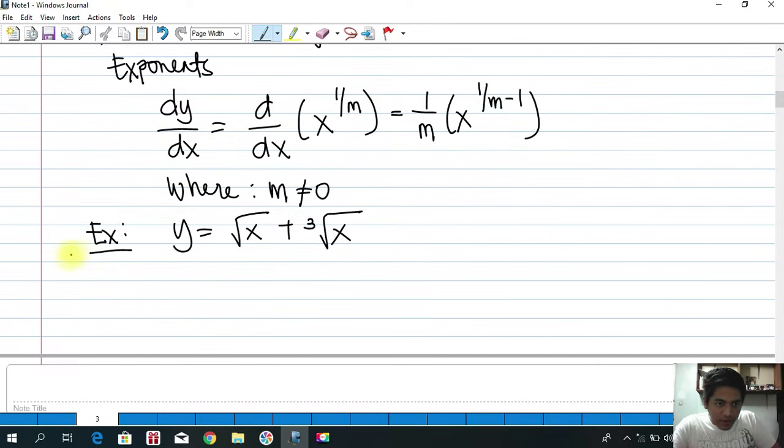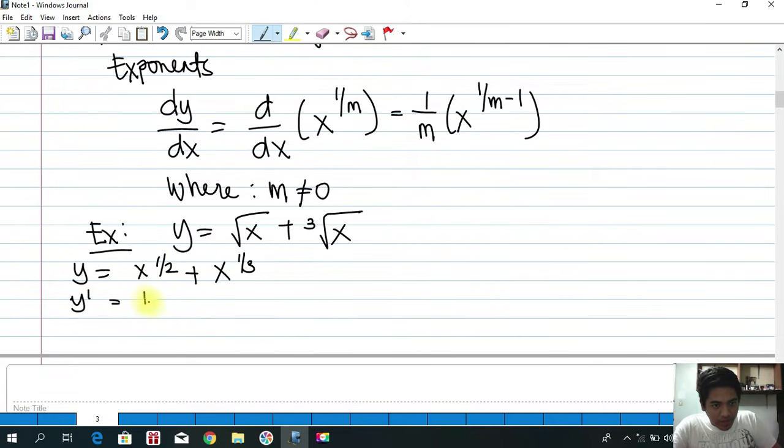So we all know that upon simplifying, y is simply equal to x raised to 1 half plus x raised to 1/3. As you can see from our previous discussion, this is in terms of power. So we can use the power rule or this formula to again get the derivative of this. So we have y prime, the derivative of y with respect to x.